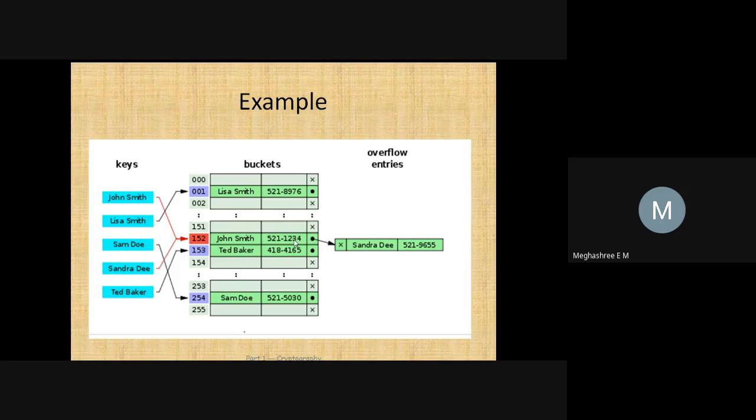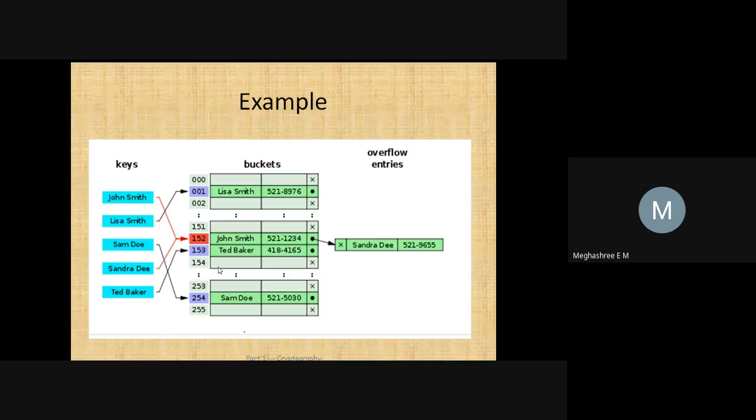But according to the hash function definition, we should have a unique hash value for each and every input, isn't it? But here, for two different inputs, I'm ending up with the same output, right? So this we call a collision.